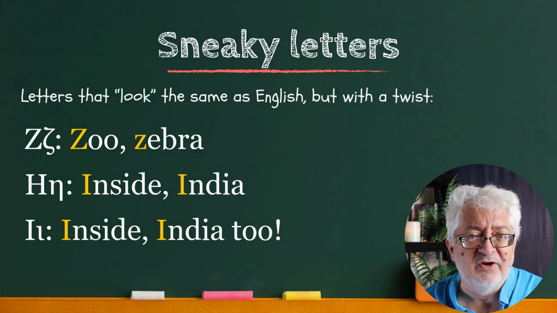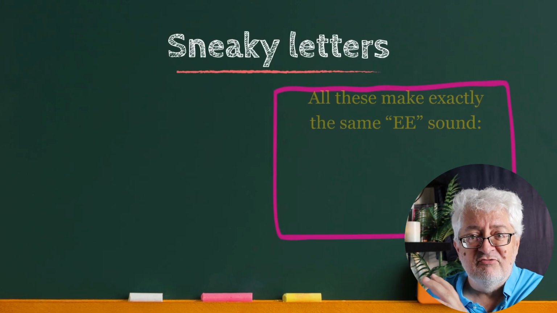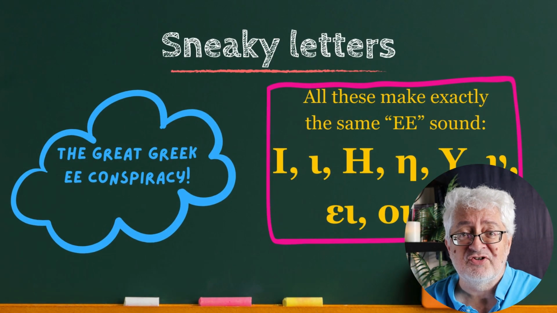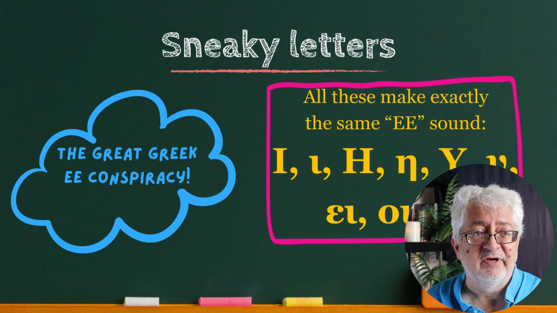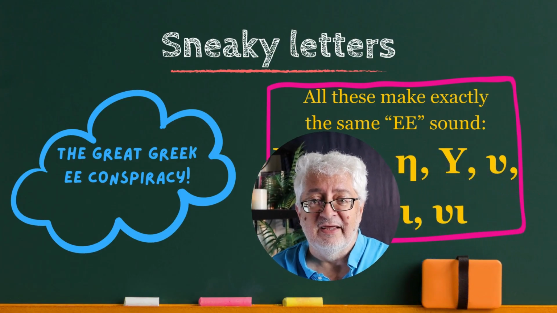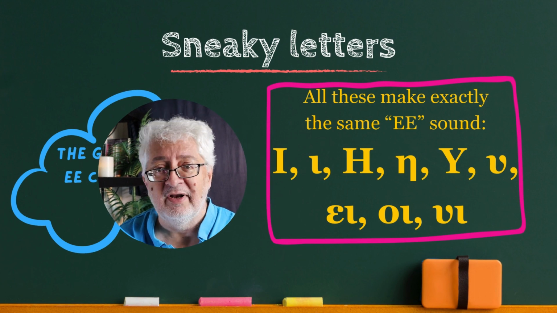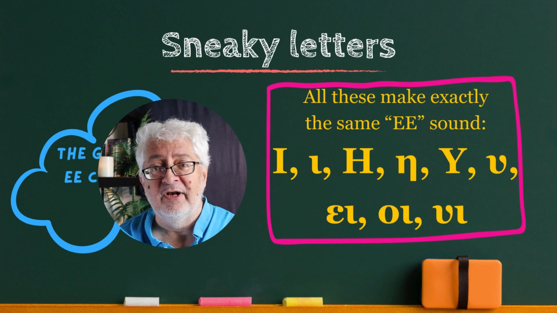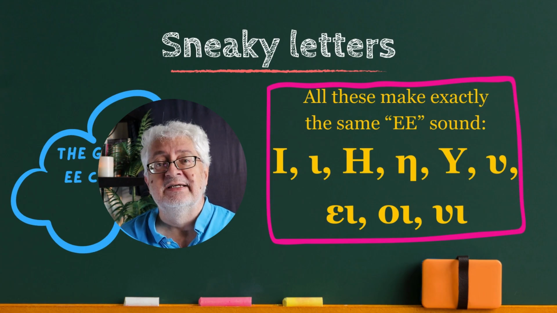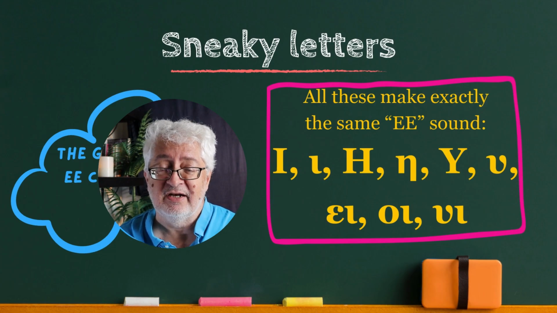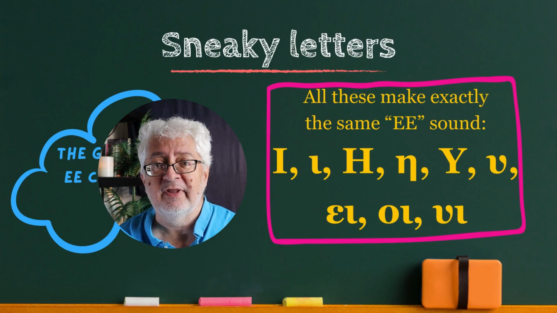And this is what you can almost call the great Greek E conspiracy, because actually there are lots of letters that are all pronounced E. And if you look at it here, you have the iota in capital and the iota in small, and the eta in capital and the eta in small. And then you have the epsilon, what we would call an E in English, right? This capital epsilon is also an E, no difference from the other E's.